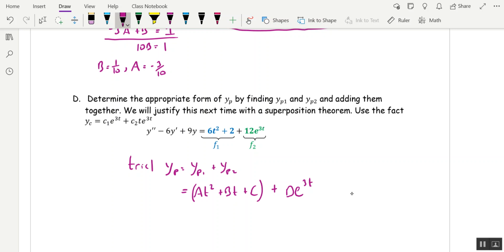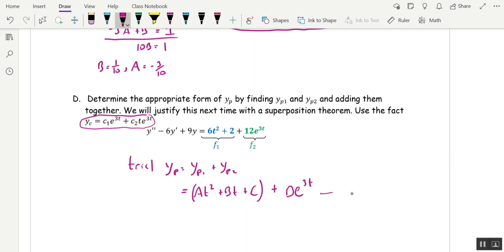Then I check for repeats. And I've already given you the fact that yc is this function here. So when I look at yp1, I don't see any repeats. When I look at yp2, I see a repeat. I see constant times e to the 3t. Now, if I multiply by t, I'll still have a repeat because I have a c2 t e to the 3t.